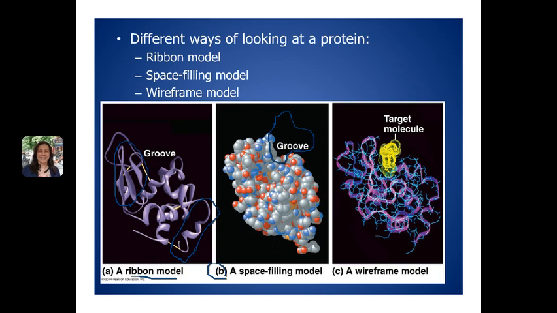So you can see them here, what looks like little wires sticking out are functional groups. At each corner you have a carbon atom, and each of these ends would be a hydrogen atom.